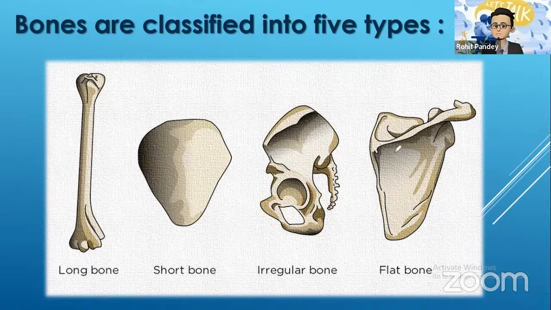And that is flat bone, this portion is flat. Irregular bone has irregularities, this is short bone, and this is long bone. These are the types of bones.